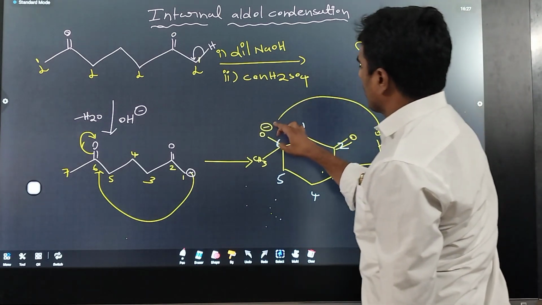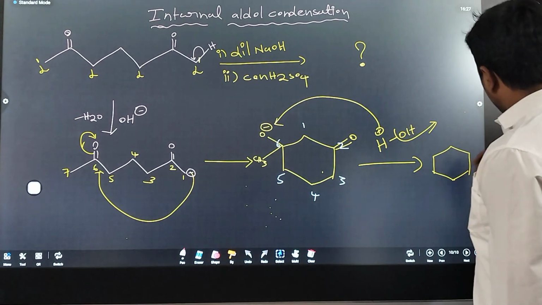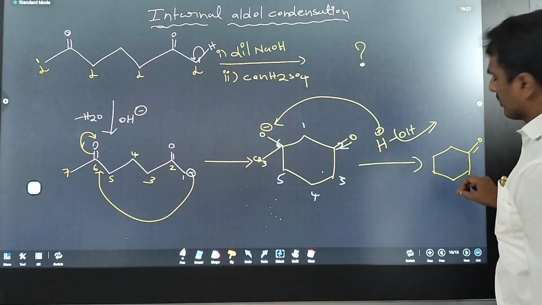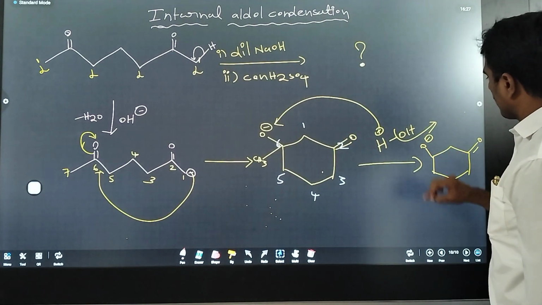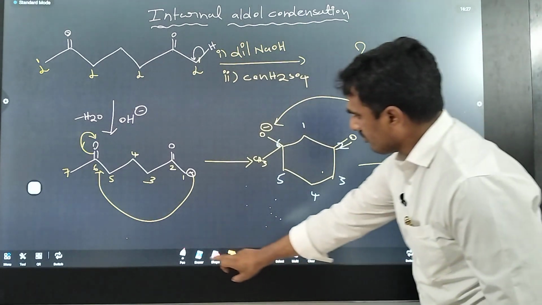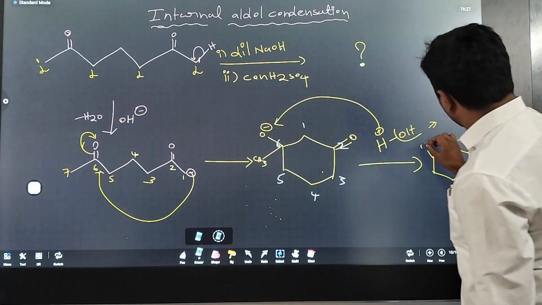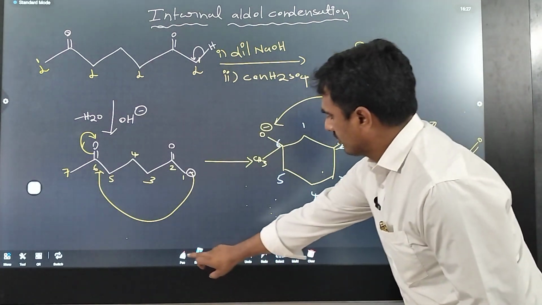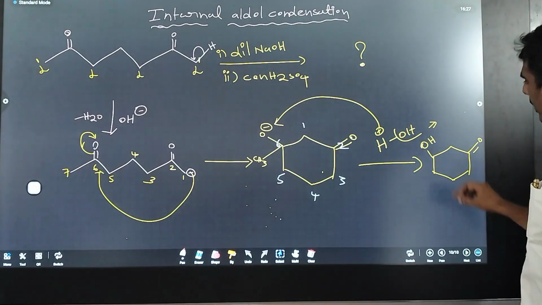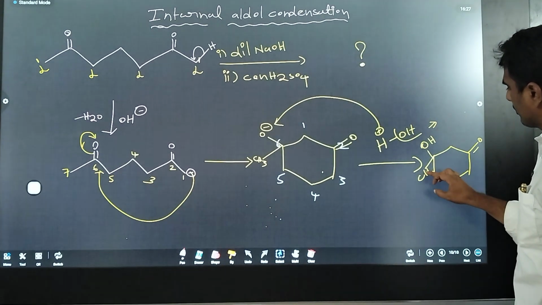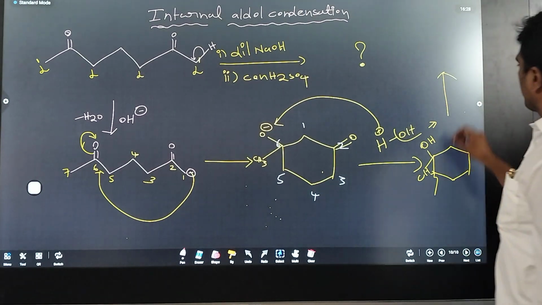This H plus ion attacks here. So we get C double bond O, and O minus converts to OH. Here a methyl group is there. Then dehydration takes place.